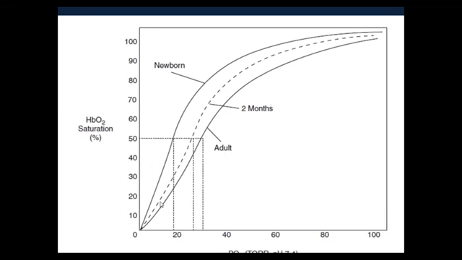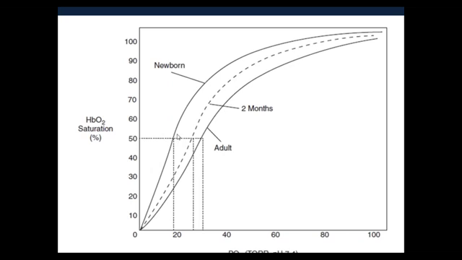In this slide, you have the oxygen dissociation curve. As you know, the horizontal axis represents partial pressure of oxygen, and the vertical axis represents oxygen saturation.